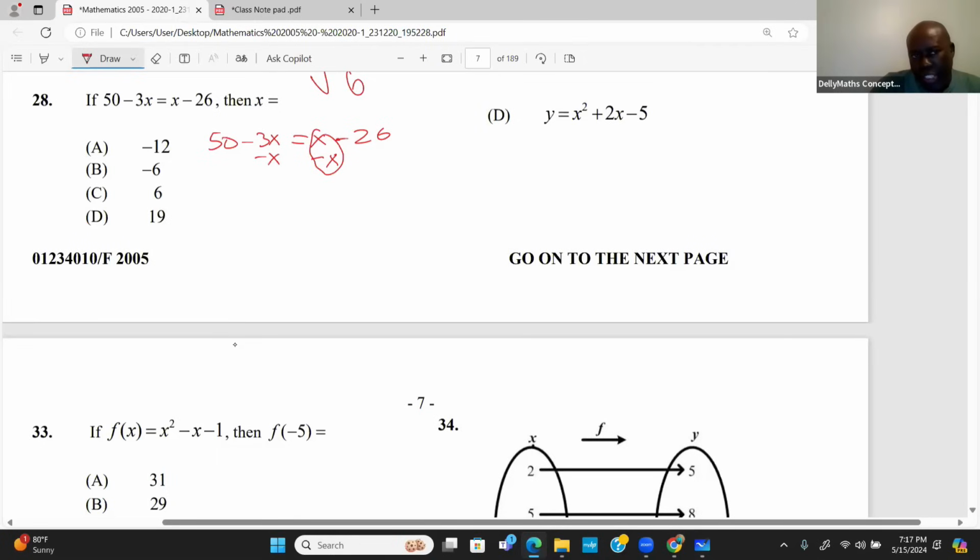Rewrite what you have. So you have 5, then this becomes minus 4x equal to negative 26. You want to get the constants, which is just the numbers, on the other side. So you subtract 50 from both sides. So you have negative 4x equal to negative 76. Then you divide both sides by negative 4. And I think x is about 19 and it's positive.